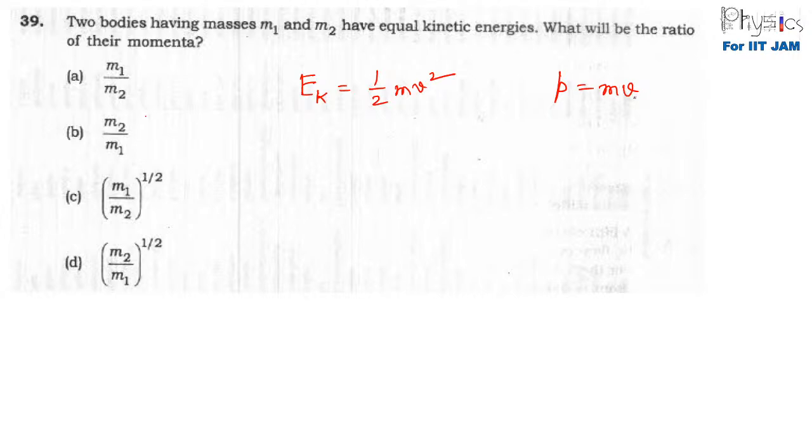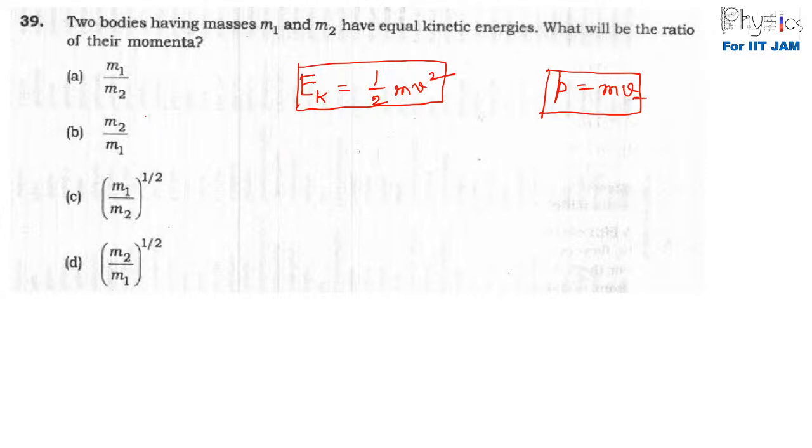Here v is the velocity of the mass, or the particle or the body, whatever you say. So m is mass and v is velocity. These are the two formulae for kinetic energy and linear momentum, right?